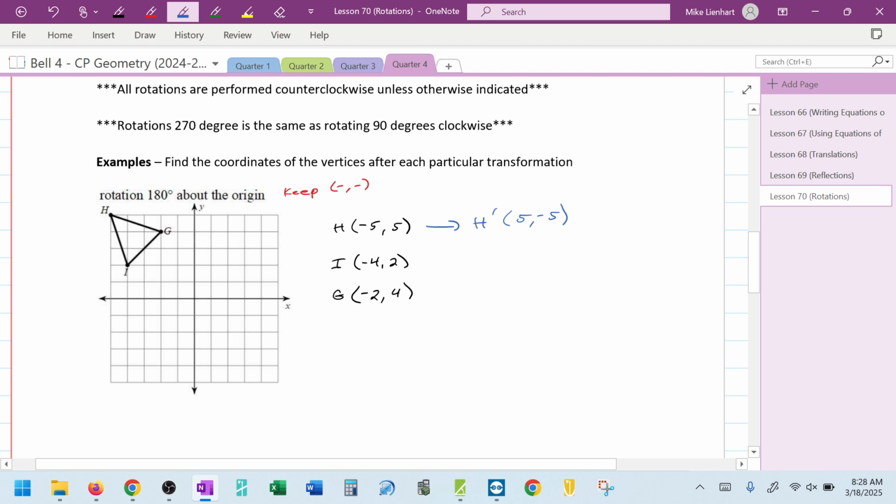For I prime, keep, opposite, opposite. For G prime, keep, opposite, opposite. The more you practice these, the easier they become. The hard part is remembering the rules.